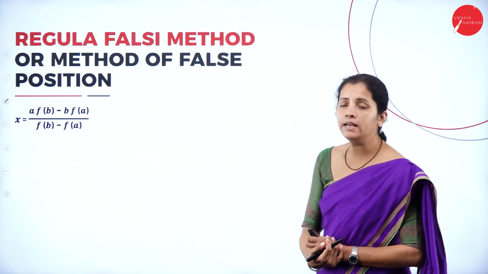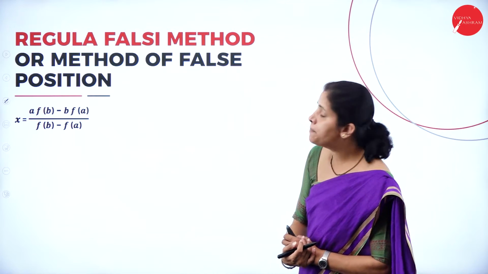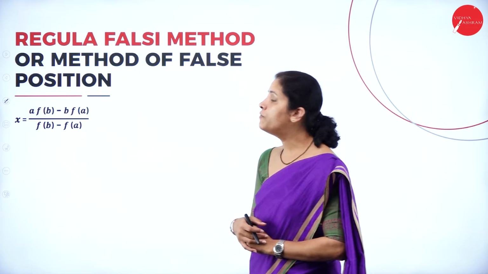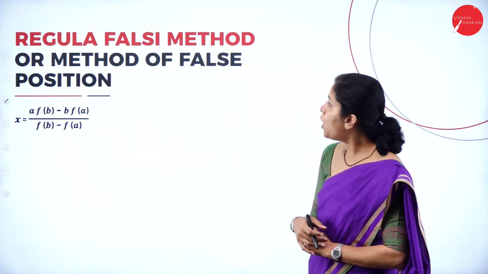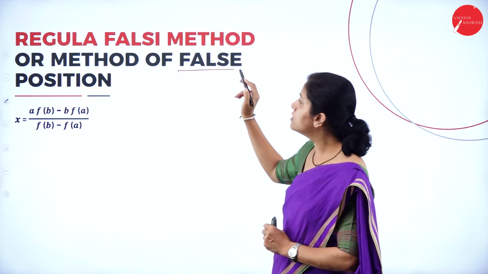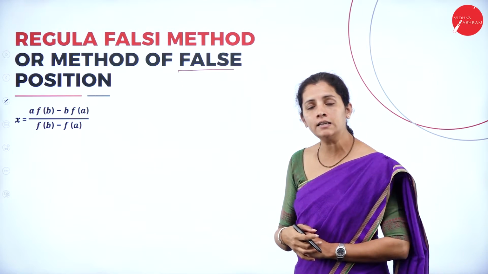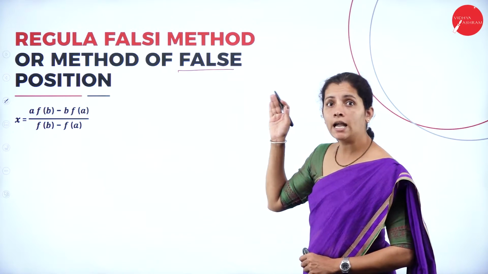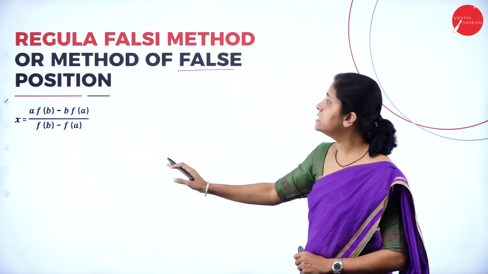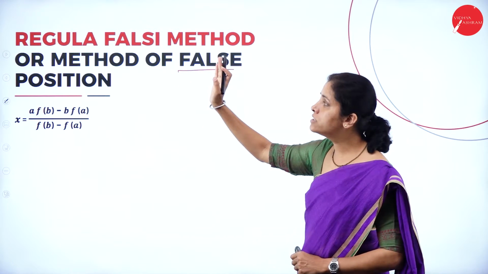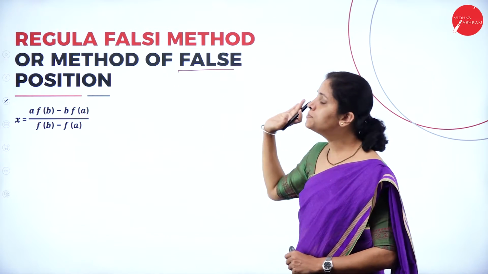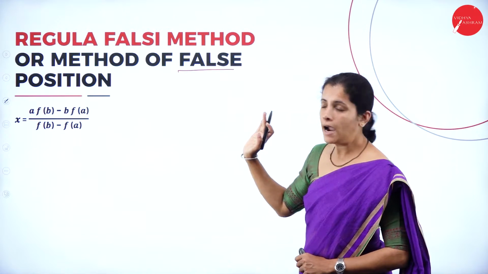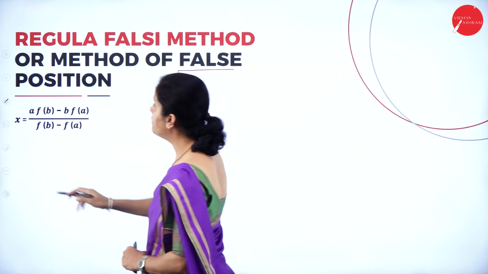Now, dear student, my other type of iterative method is the regula falsi method, or I can use the false position method or falsi method. So what is my second type of iteration method? That is regula falsi, or false position, or falsi method. And what is the formula I have here?